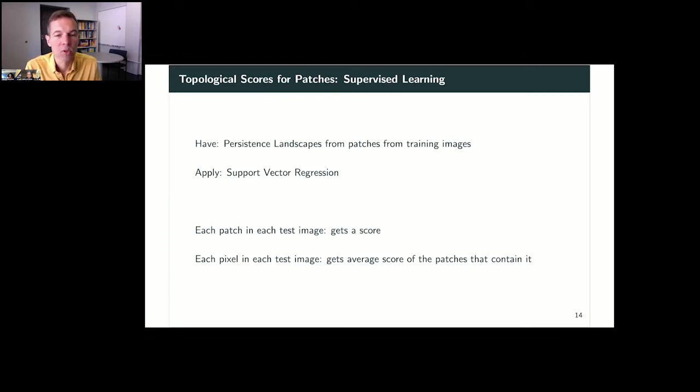We take those labels to be either -1 or +1, and then we do something called a support vector machine. The particular version of support vector machines that we use is something called support vector regression. So the idea is we have this high dimensional point cloud consisting of 2 classes, +1 and -1.